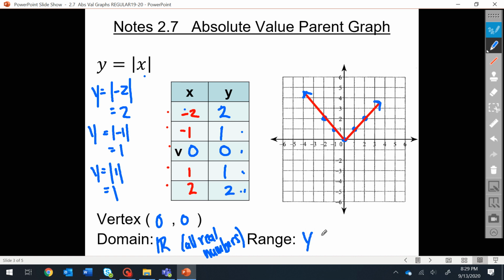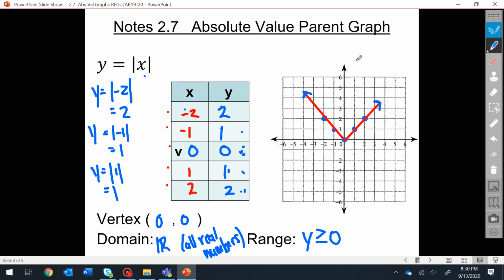So we would say the range is all the y values greater than or equal to 0. y could be 0, or y could be anything greater than 0. The range is usually going to be everything larger than the y-coordinate of the vertex if it's pointing up, or everything smaller than the y-coordinate of the vertex if it's pointing down.